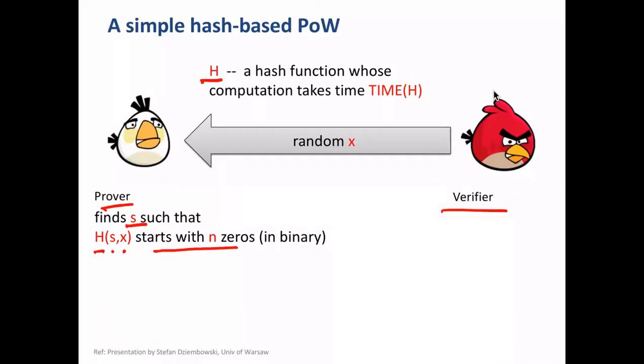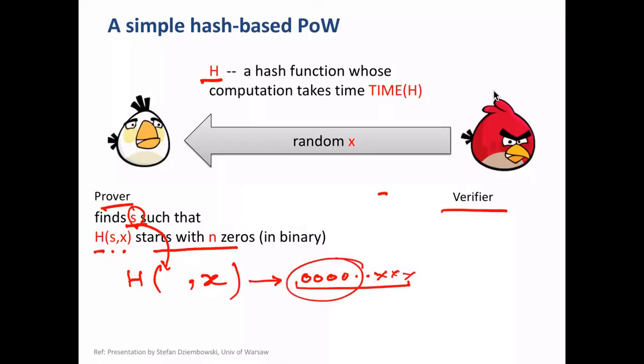So you'll have to find the value of s such that the hash of that string and the value of x sent by the verifier gives an output, some string of certain size, that starts with n number of zeros and then some other numbers.